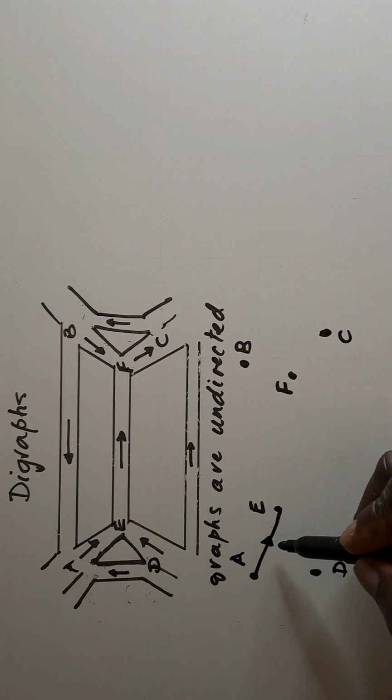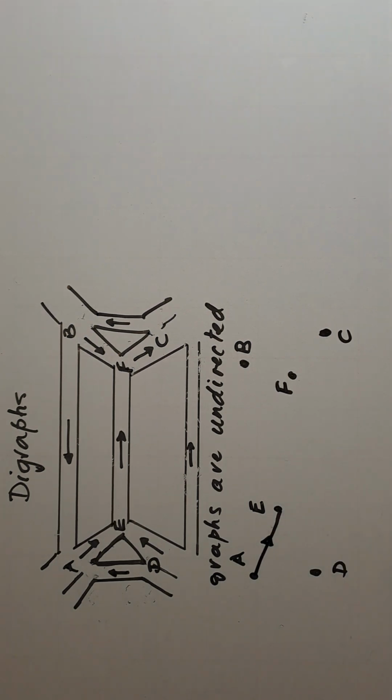So this is now an arc, an edge with an arrow on it.